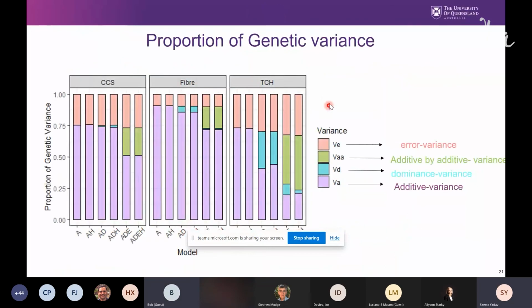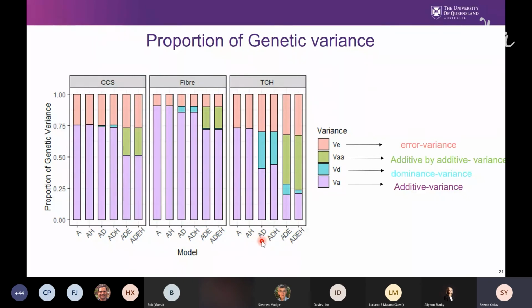So I will show some results here on how the proportion of genetic variance changes. If you look at the TCH, I will first say that this letter represents the additive model, which is basically the classic GBLUP model. AH means I include heterozygosity in our model.